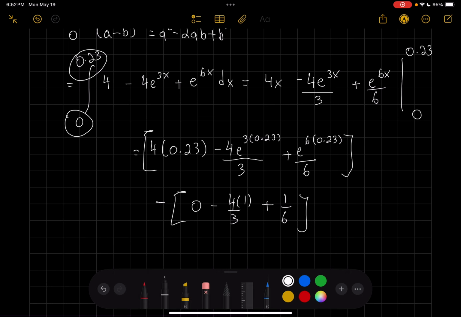So it's going to be 4 multiplied by 0.23 minus 4 e to the power of 3 multiplied by 0.23 over 3 plus e to the power of 6 multiplied by 0.23 divided by 6, sorry, it's going to take a while, which is going to be negative 0.47.